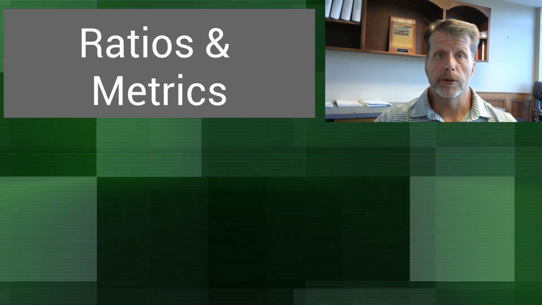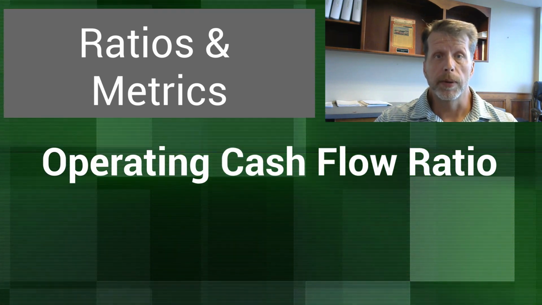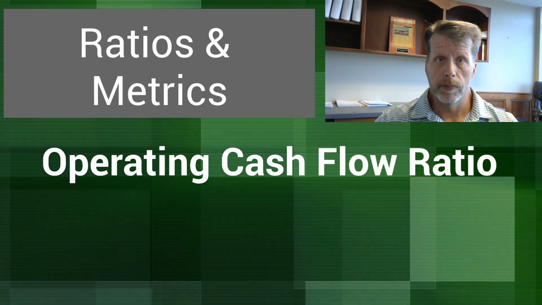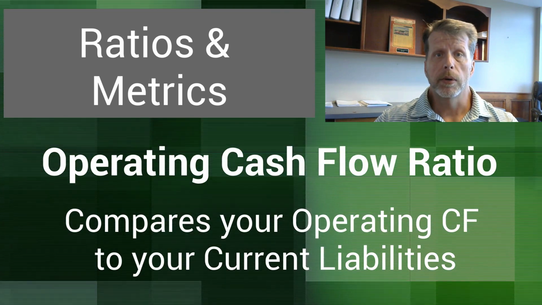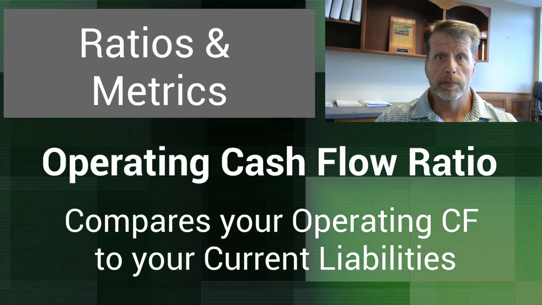Operating cash flow ratio. This ratio measures the ability of your business's core operations to generate cash. It compares your operating cash flow to your current liabilities. This is the ratio that you want to be high.